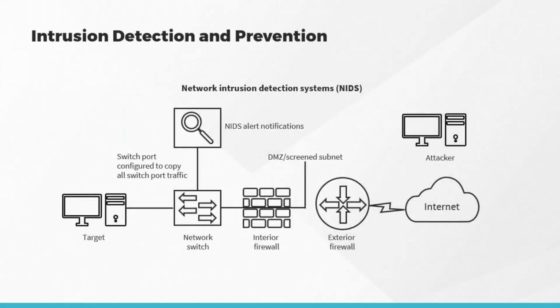So if we take a look at a diagram related to intrusion detection and prevention, let's say that we've got a target computer shown in the bottom left of our diagram. The attacker is shown over on the internet in the upper right of our diagram. Now normally most networks will have an exterior or perimeter firewall that links the internet to an interior firewall, between which we would have potentially a screened subnet, otherwise called the DMZ, a demilitarized zone.